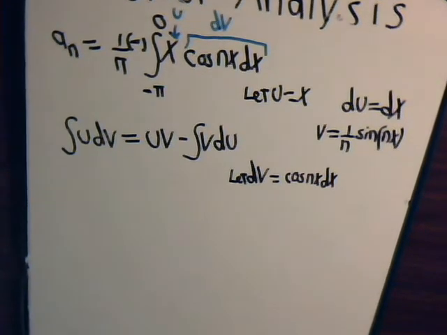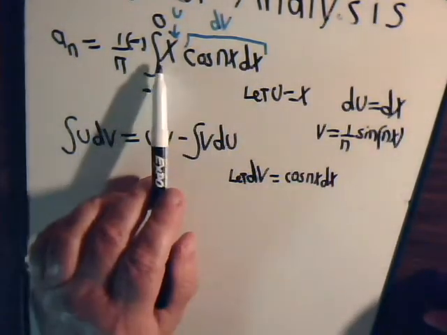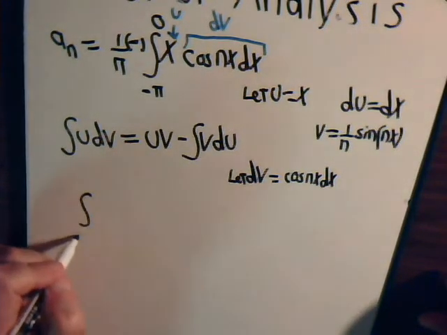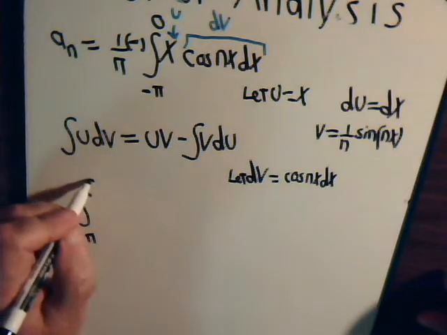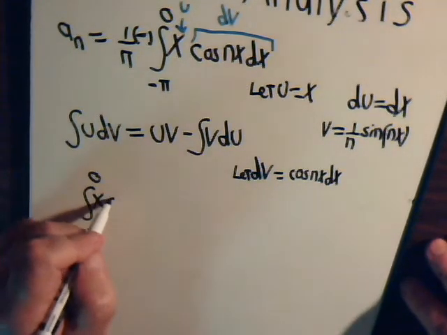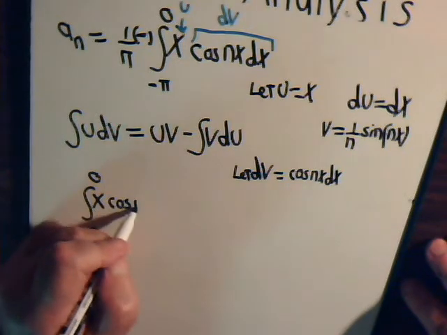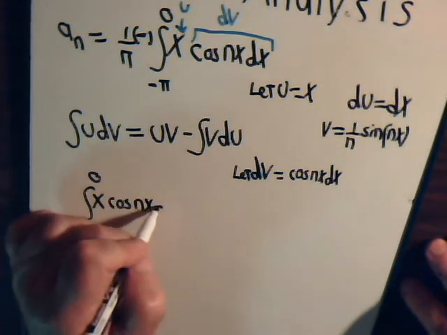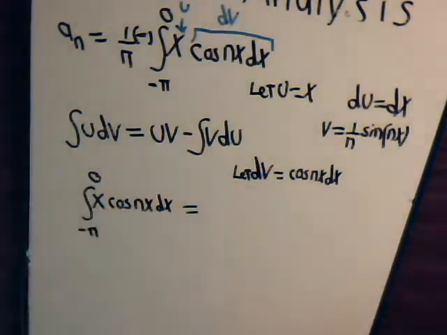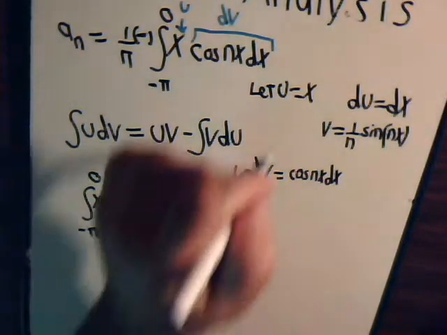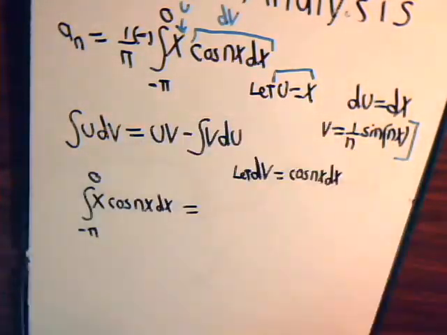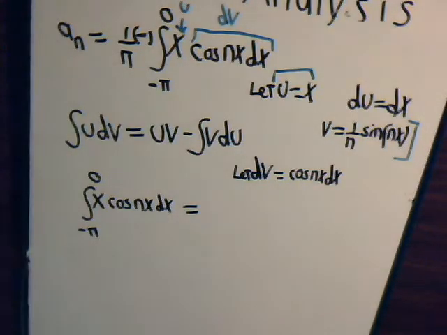So here then we have, just write down the integral first, the integral from minus pi to 0 of x times the cosine of nx dx. That equals u times v. Here is u, and here is v.